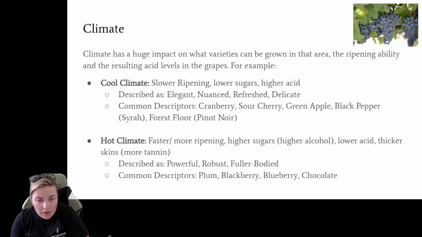It's warmer, so we'll have generally higher sugars in these grapes, which result in higher alcohol. We'll have lower acid and then also thicker skins, so more tannin potentially as well. So these are typically powerful, robust, fuller-bodied wines, and their descriptors are more like ripe fruit, so plum, blackberry, blueberry, and chocolate as well. So just depending on the variety. Cool.